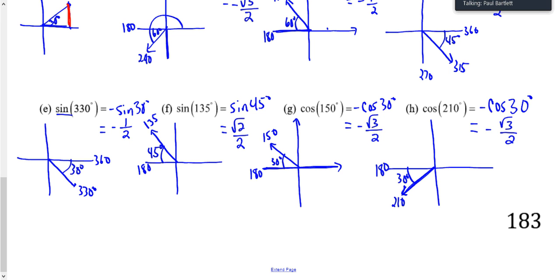That's my 210 degrees. I know it's bigger than 180, so it's on that side. And the difference between 180 and 210 is 30. Over here, it was 150, so it's up above the 180, and so it's still a 30-degree angle because the difference is 30. So that's your reference angle.